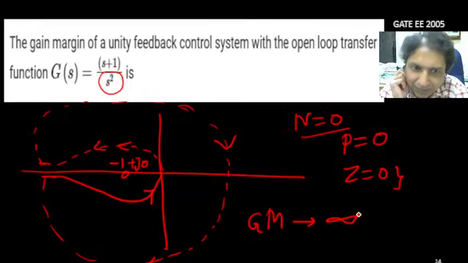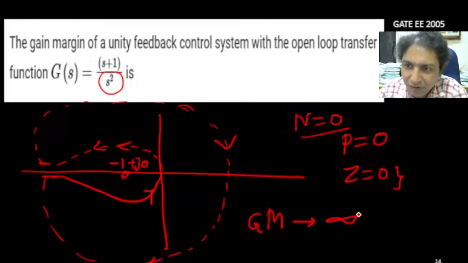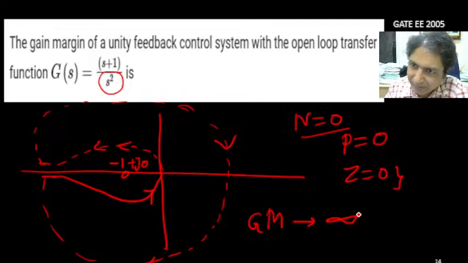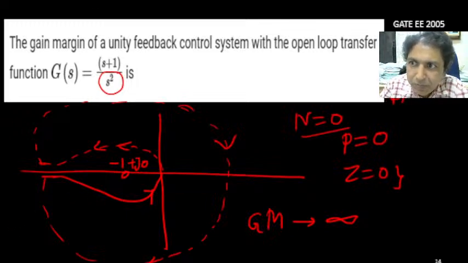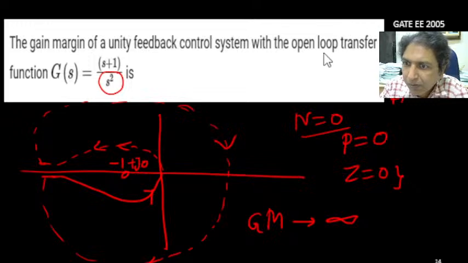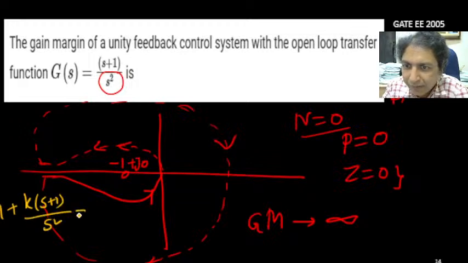That is not the case, because here you need to understand whether the system is stable or not first. This system is always stable, and you can see that it is a second order system. So here it is 1 plus k times (s plus 1) upon s square, that equals 0.